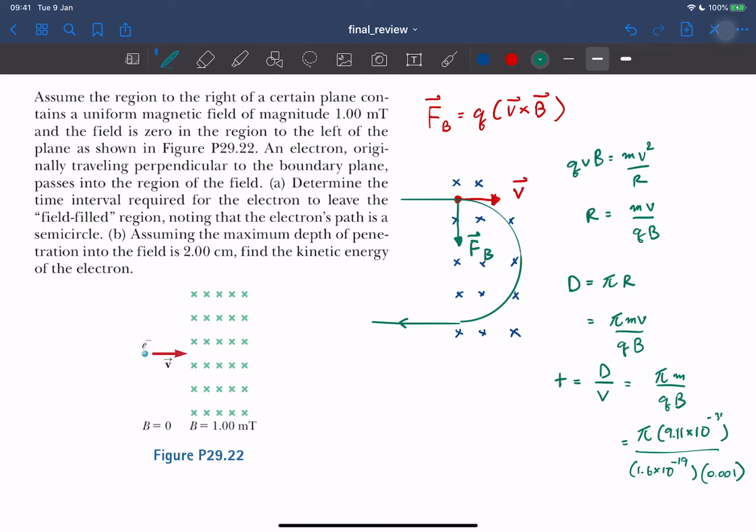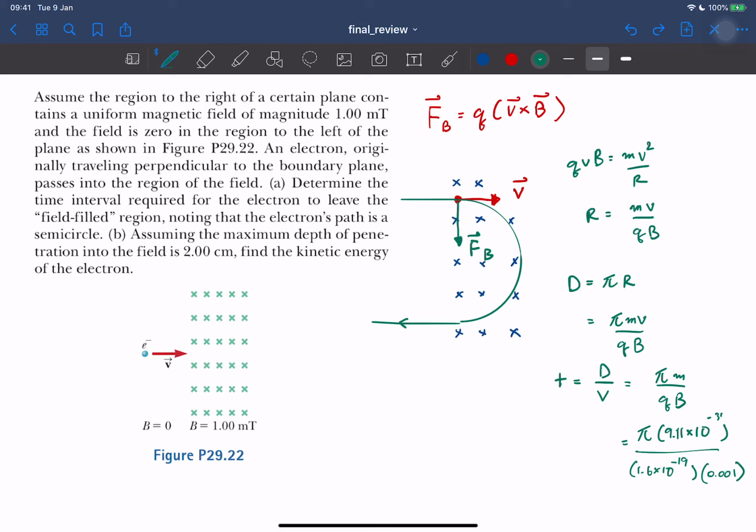And then for B, assuming that the maximum depth of penetration into the field is 2 centimeters, find the kinetic energy of the electron. So you can see that the time here, since the velocity cancels out, you don't need to know how fast the electron is moving to get the answer for A, right? So that's why B gives you additional information. What B is telling you is that it's going into the region 2 centimeters.